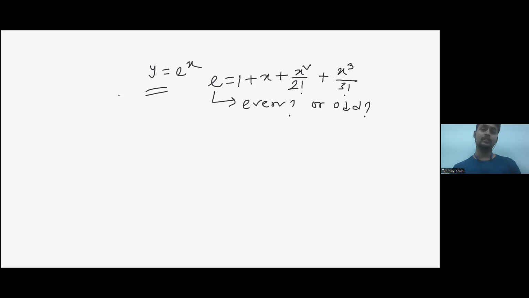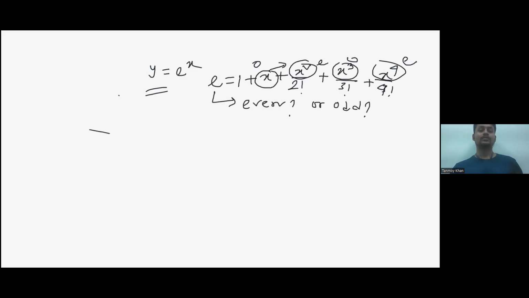Because if you think about it, x is odd, x squared is even, x cubed is odd, and the next one, x to the power 4, is again even. So it is a mix of odd and even type. So this is neither an even function nor an odd function. So this is also a basic thing.